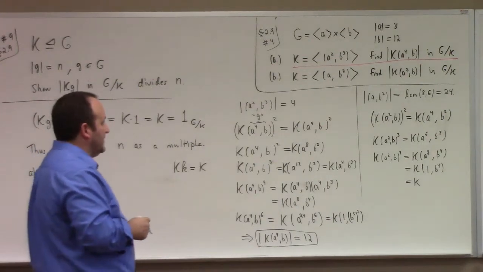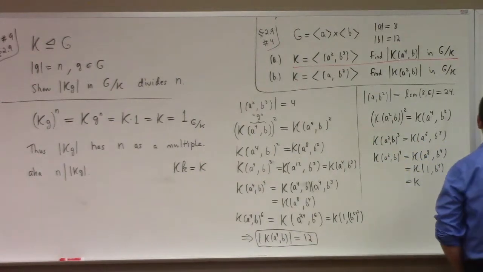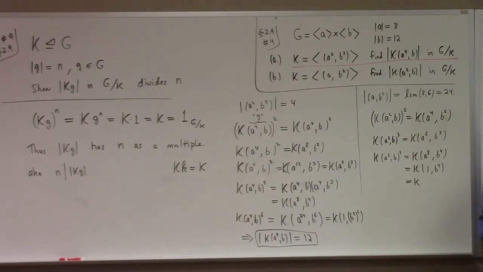I mean, it's a little bit complicated what K is, right? K is equal to, in this case, a to the j, b to the 2j, such that j is an element of Z. The j is mod 12, right?